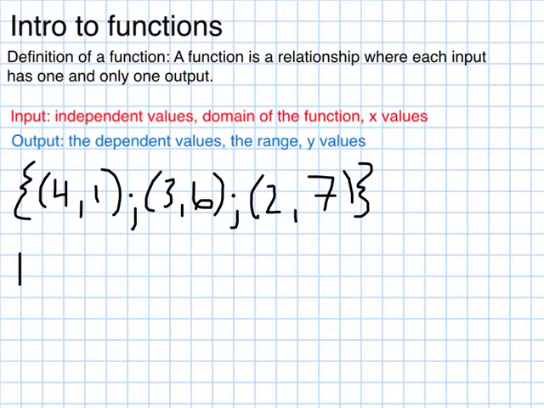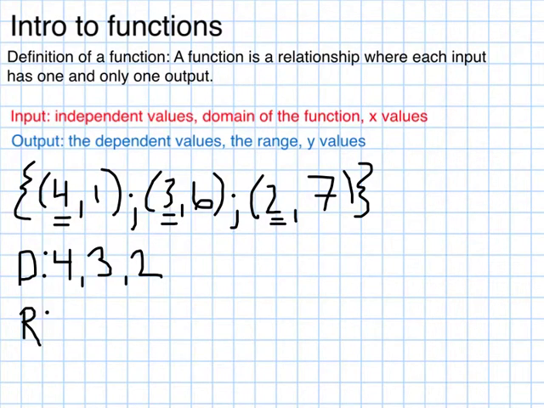So we would list the domain. The domain in this case is all the x values here. So we have 4, 3, and 2 as the domain, the x values. And then we're going to list the range. The range is 1, 6, and 7.